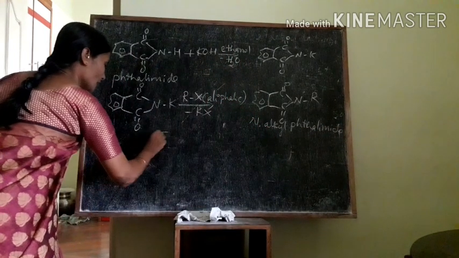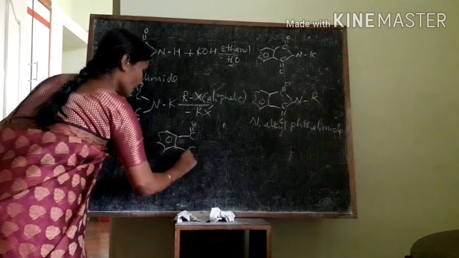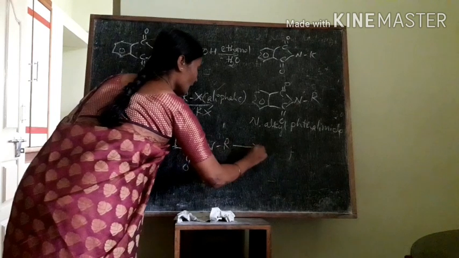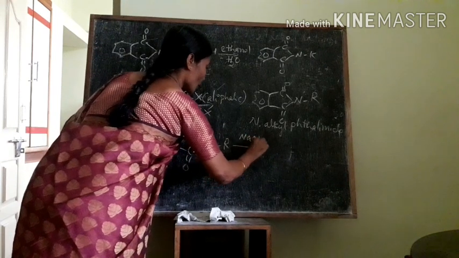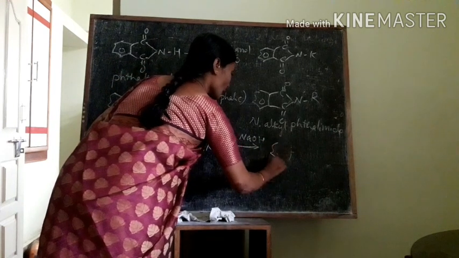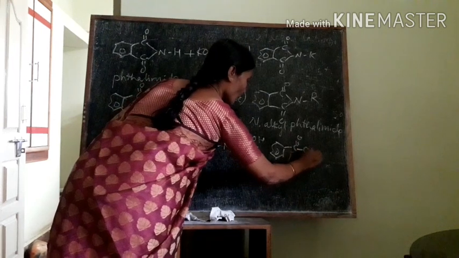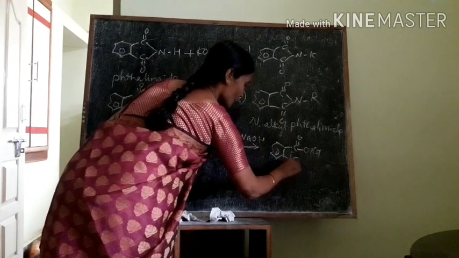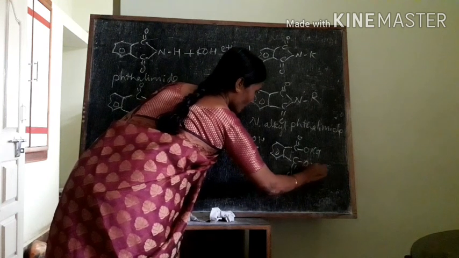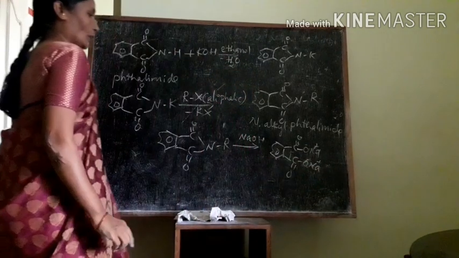Now that is treated with alkali, sodium hydroxide, NaOH. The product is C=O, ONa and C=O, ONa, with the oxygen minus and sodium plus.